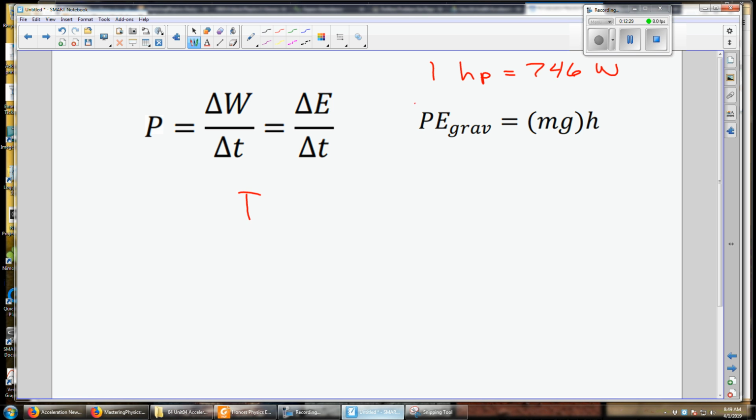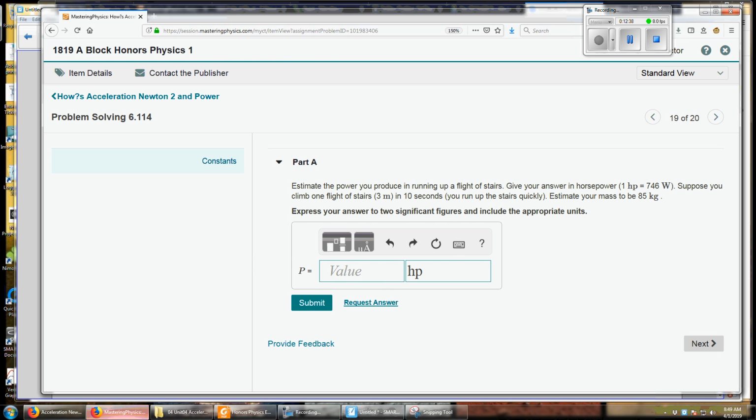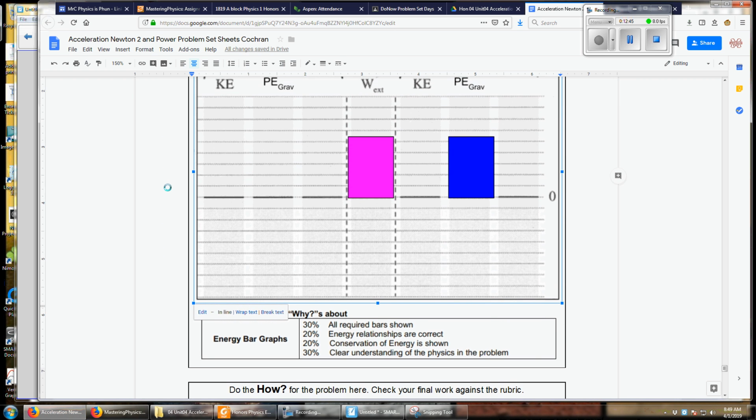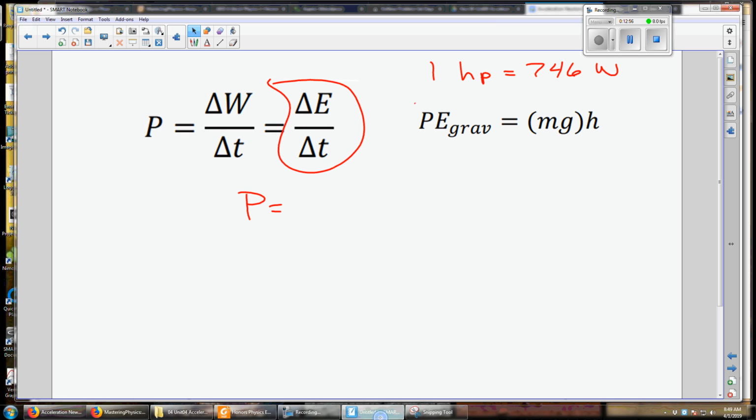So the power that I do, I'm looking at this form of it, the change in energy over delta t. And as I see from my bar graph, my energy is going from work that I do to gravitational potential energy. So it's doing this work that I'm creating power. And I know it's going into PE grav, so my change in energy is going from no energy to PE grav.